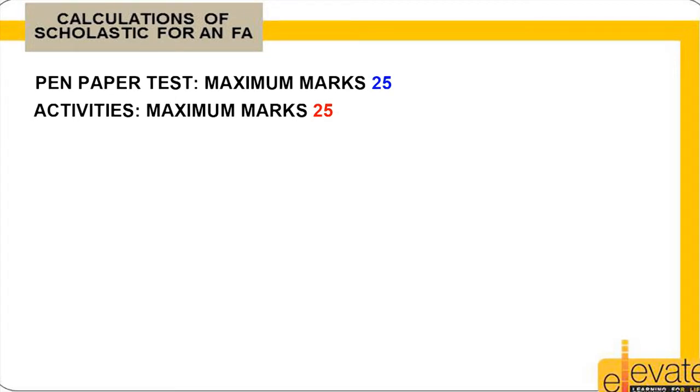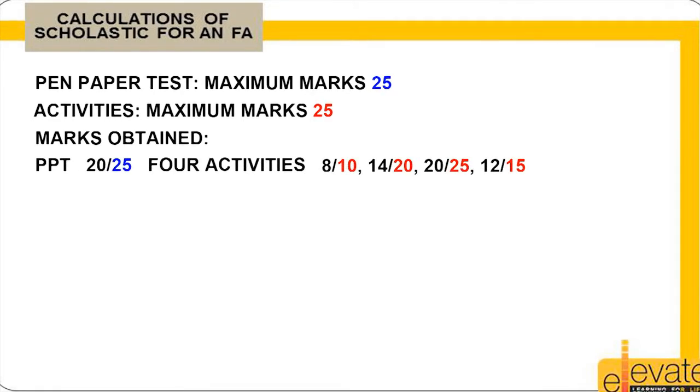We know this, in every FA we have to conduct one pen paper test and we have to conduct 4 activities. So 25 marks for pen paper test and 25 marks for activities we have earmarked. Atul Gupta gets 20 marks out of 25 in his PPT.